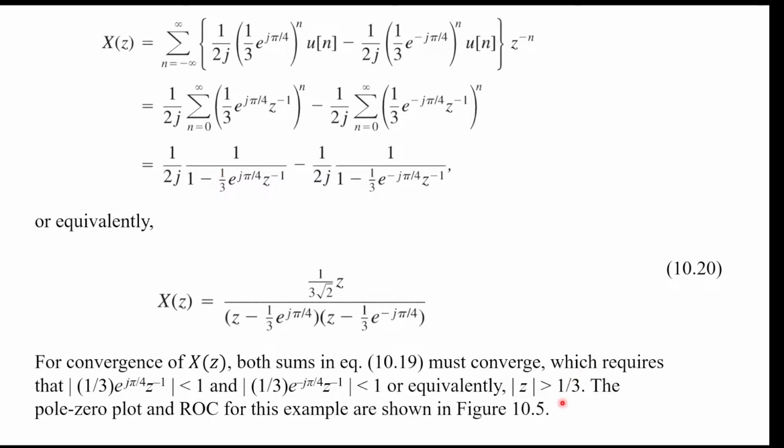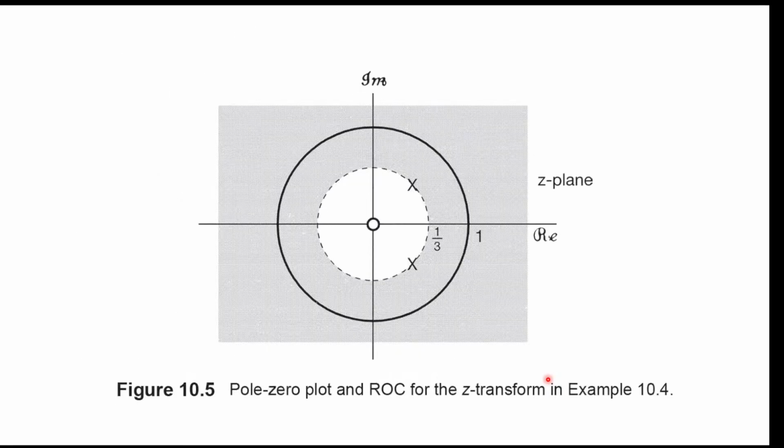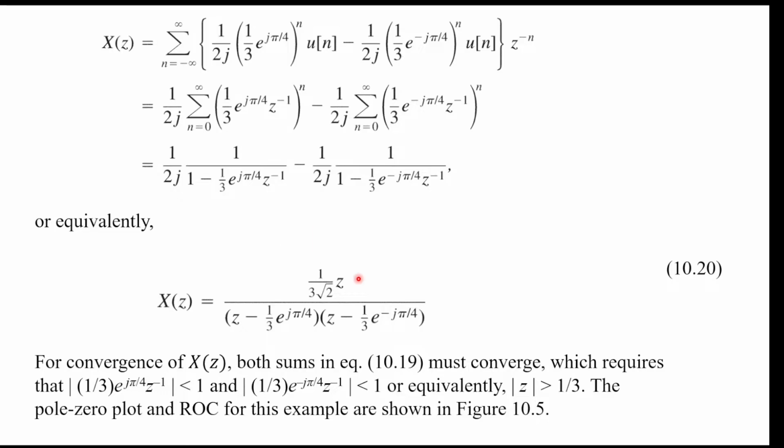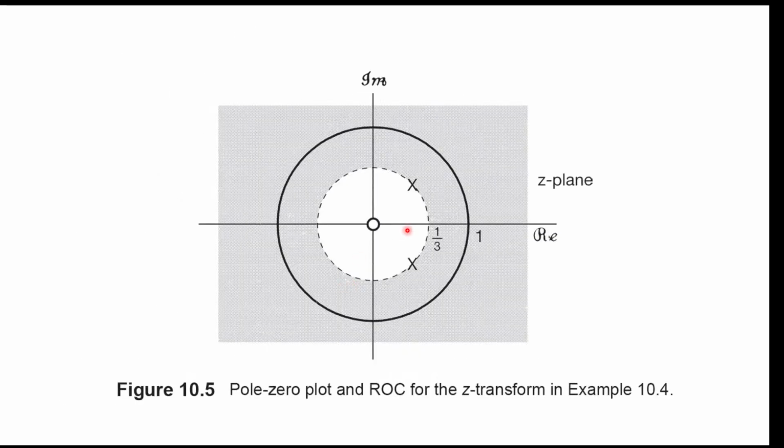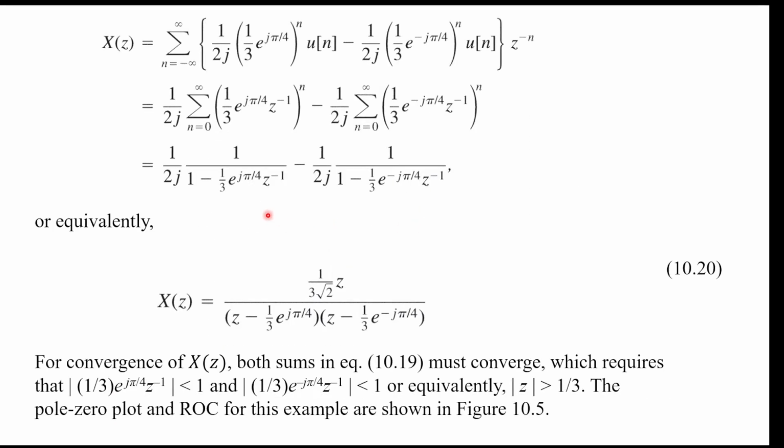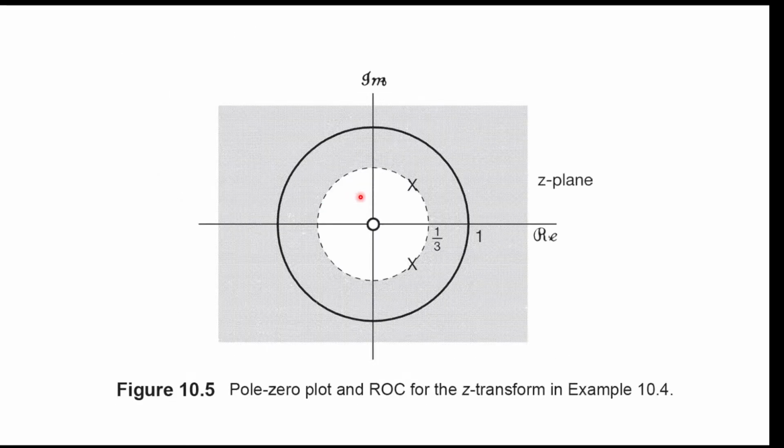So the ROC is just absolute value of z greater than 1 over 3, and we have our pole-zero plot here. Once again, we have a zero at 0, and we have now these two complex poles at 1 over 3 e to the j pi over 4, and 1 over 3 e to the minus j pi over 4. And as we say, the ROC is greater than 1 over 3.